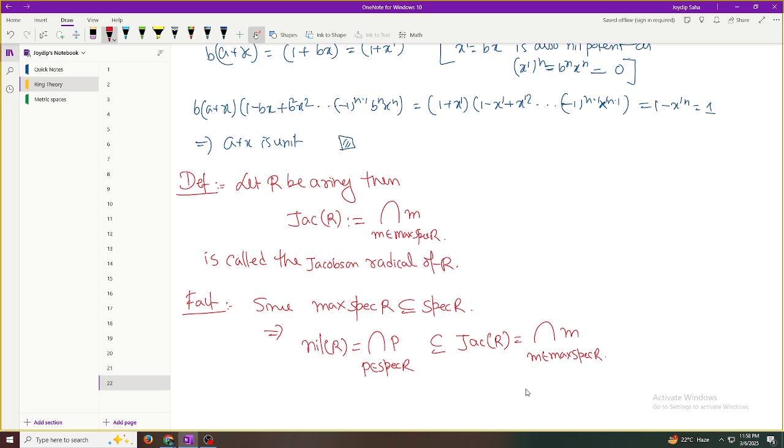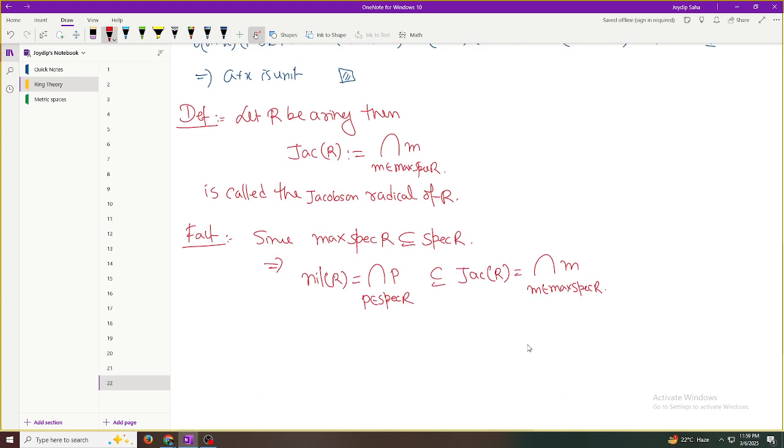So the nil radical is a subset of the Jacobson radical. Is it clear? Because every maximal ideal is a prime ideal.